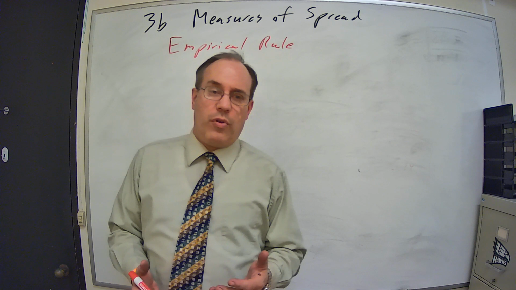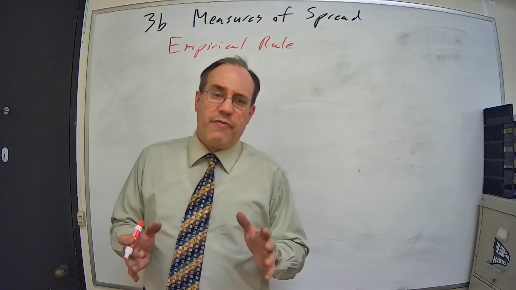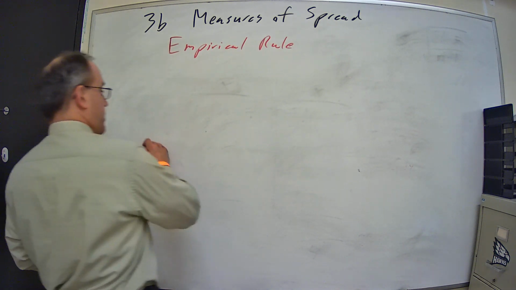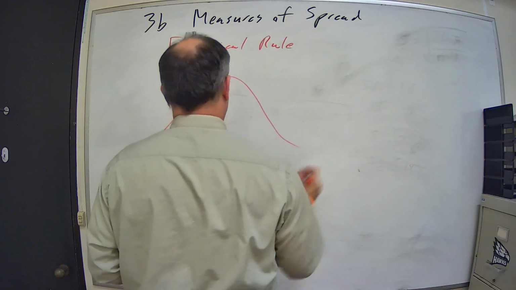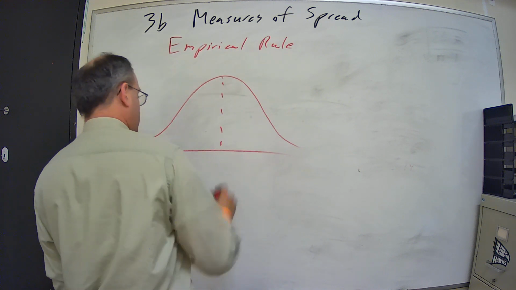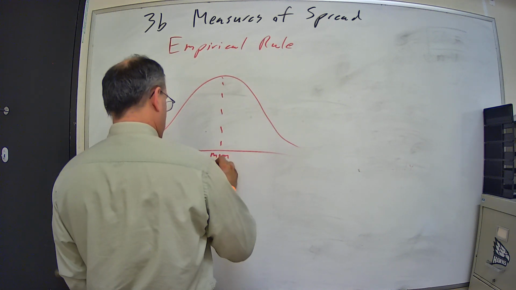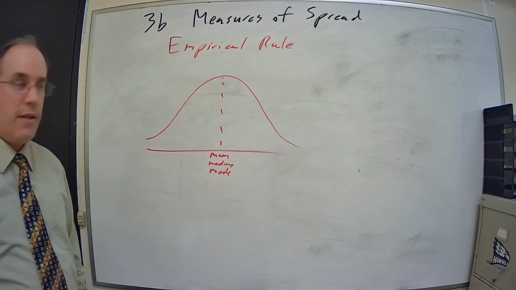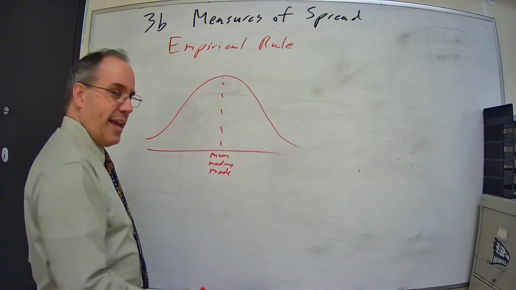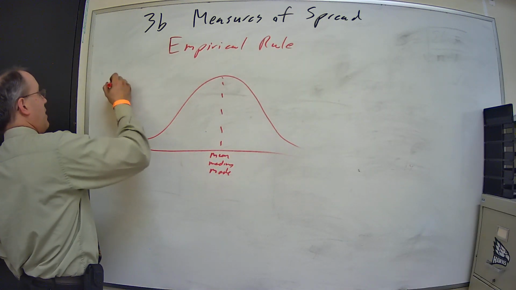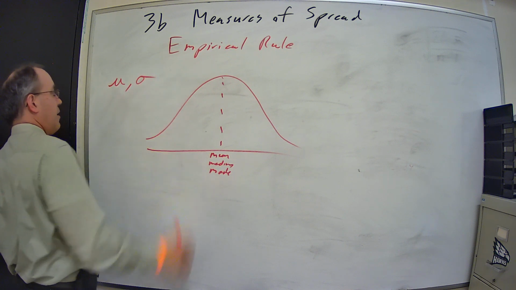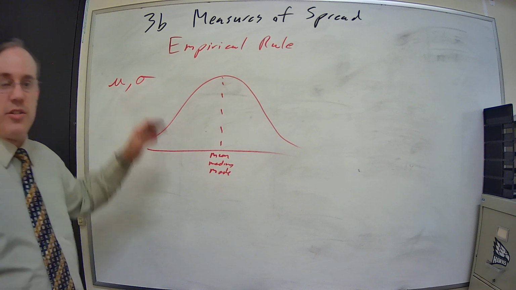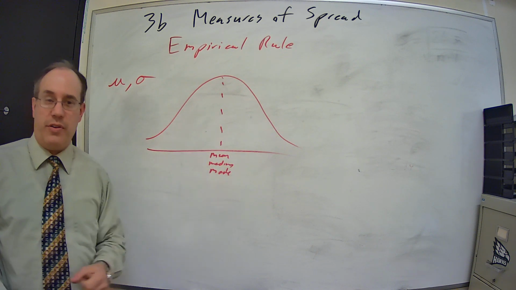The empirical rule is based on the fact that a normal distribution is symmetric, it has a mean, median, and mode at that center point, and that it can be defined by the mean and the standard deviation. You give me a mean and a standard deviation to any normal distribution and I can draw it for you.